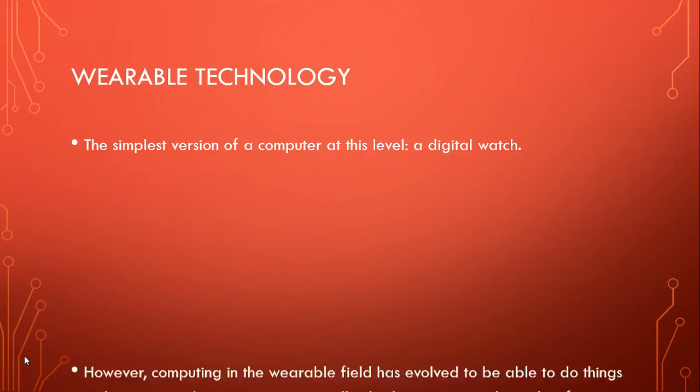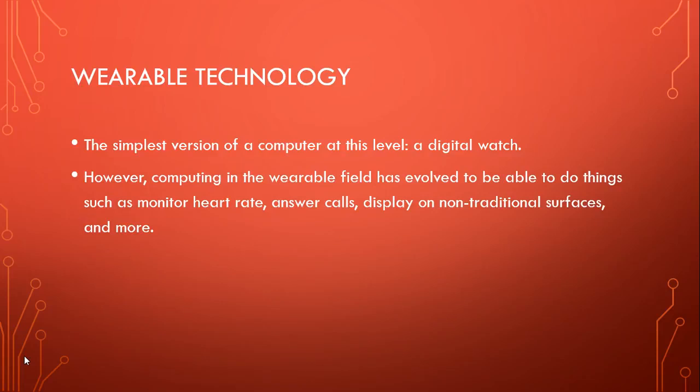It is a computer. That being said, computing in the wearable field has evolved to be able to do things such as monitor heart rate, answer calls, display on non-traditional surfaces, and more. So, you don't have to necessarily have a physical screen. You could project out onto a surface. There is also some wearable tech that is almost like a slap-on bracelet for you to wear, like your phone surface and stuff.